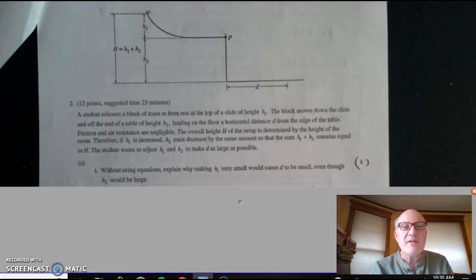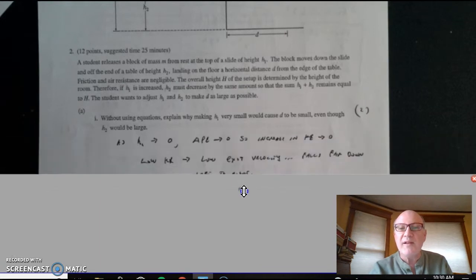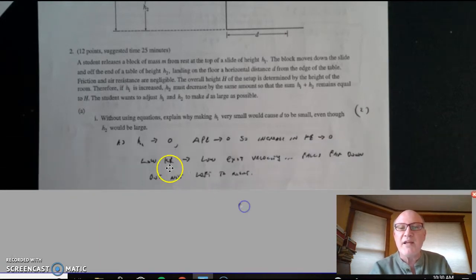So here's the kind of answer I was looking for. As H1 approaches 0, the change in the potential energy would also approach 0. So the increase in kinetic energy would also approach 0. This change in potential energy would be a loss, and that would, because of the conservation of energy, result in an increase in the kinetic energy.